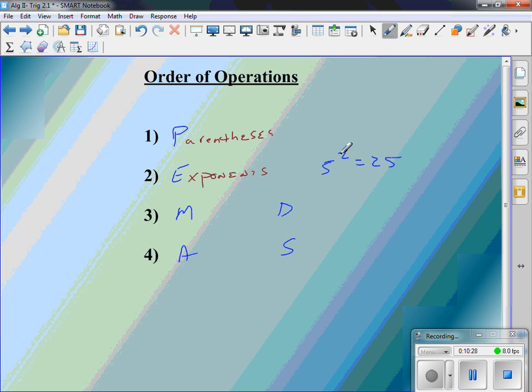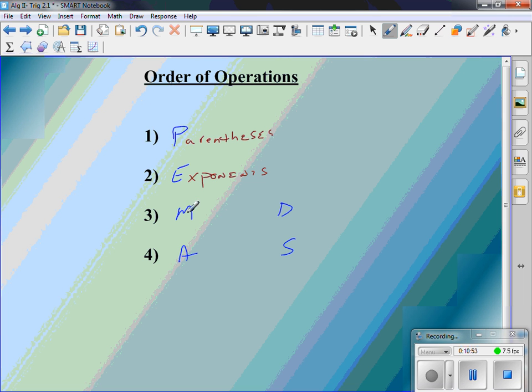It is this number times itself this many times. It does not mean 5 times 2. I know everyone in here will make this mistake once this year and accidentally write 10. You've got to be careful. It is not 5 times 2. It means 5 times itself that many times.